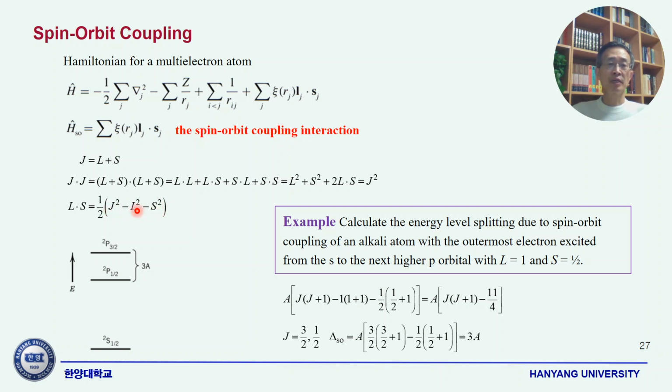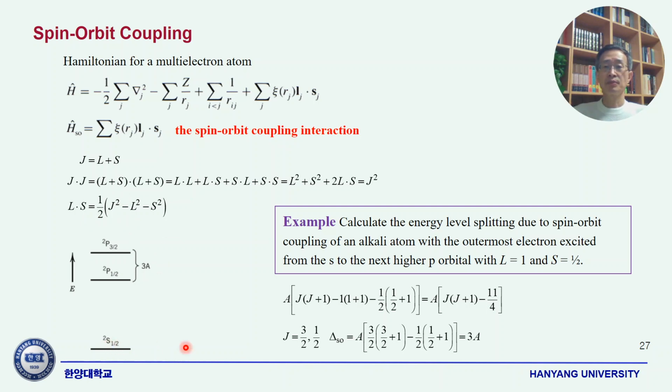You recall that the L squared operator yields L(L+1) h-bar squared, and the S squared operator yields S(S+1) h-bar squared. That is the orbital and spin angular momentum calculation. Of course, J gives you J(J+1) h-bar squared. Then numerically we can obtain this in this example.